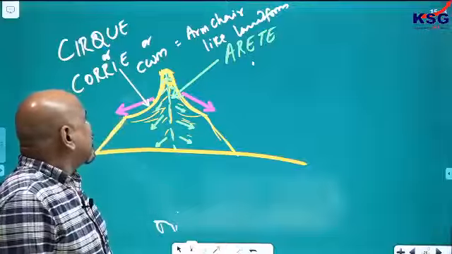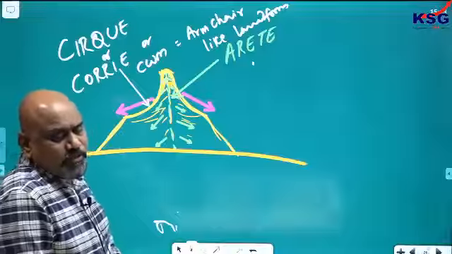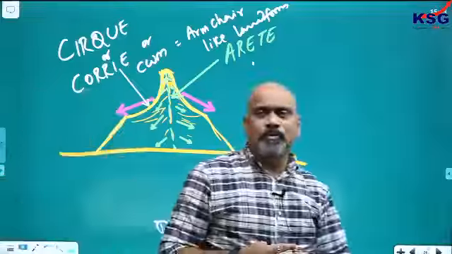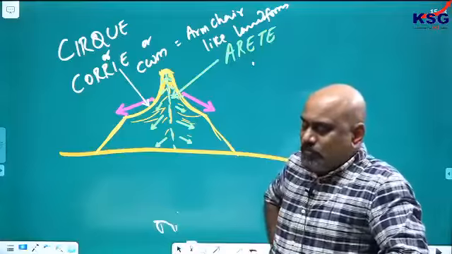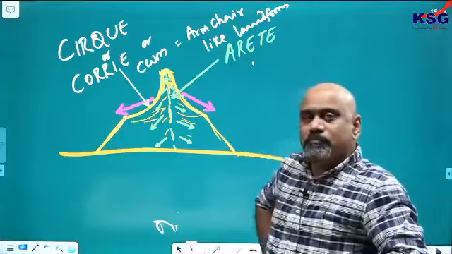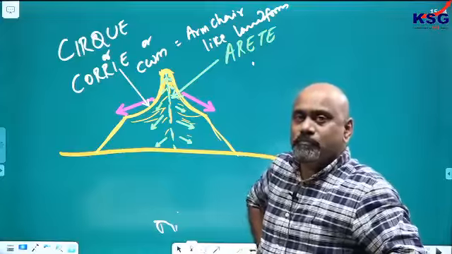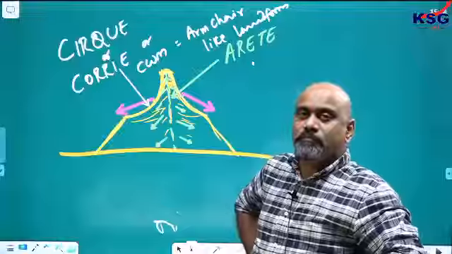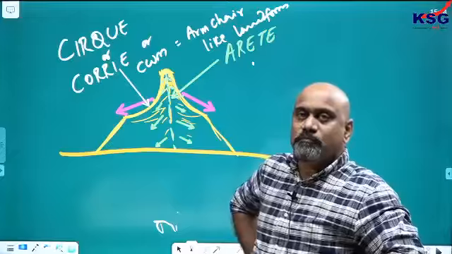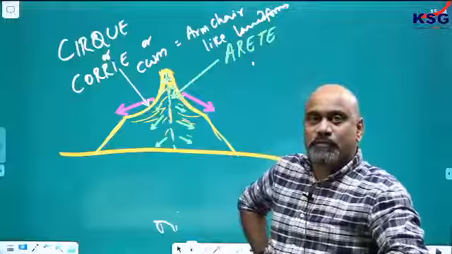Armchair-like landform is sark. I hope it is clear to all of you, right? Done.